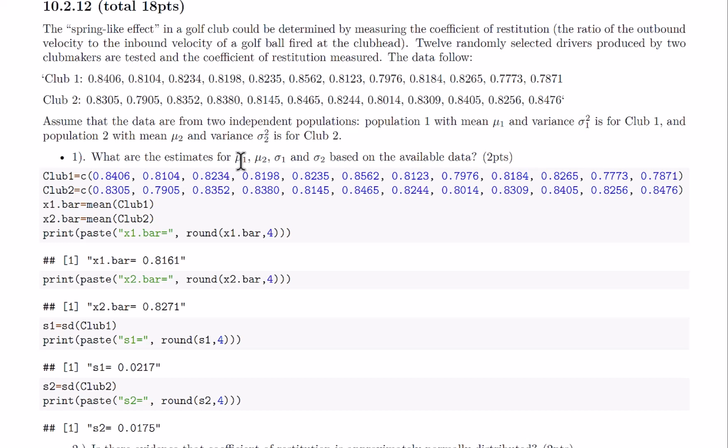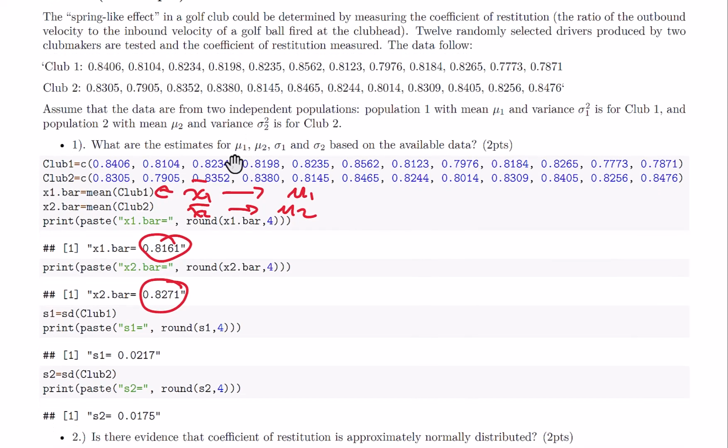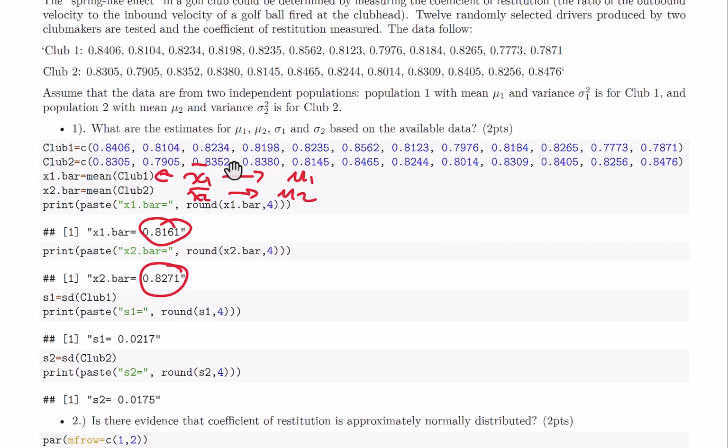So x1 bar is the estimate for mu1, x2 bar for mu2. And then how about sigma 1, sigma 2? They are population standard deviations, so we can use the sample standard deviations: S1 is the estimate for sigma 1, S2 for sigma 2.